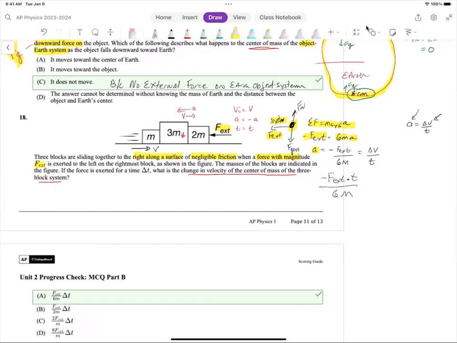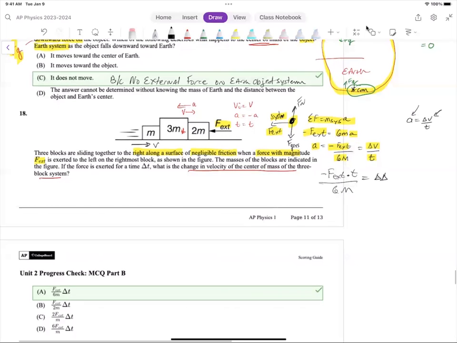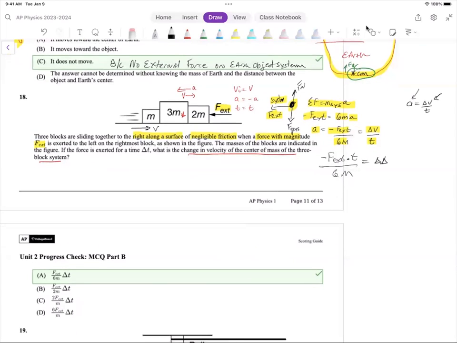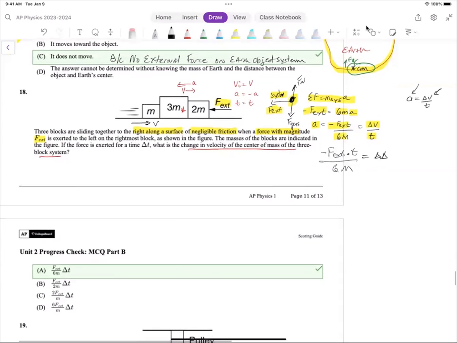Okay, acceleration, therefore, if I rearrange that, is negative F external divided by 6m. And by definition, acceleration is delta v over delta t. Now I rearrange, get rid of t, so that delta v equals something. And I will find that delta v, I left off my delta on the t, is equal to force external times time divided by 6m. And hey, maybe they used to the left is positive.